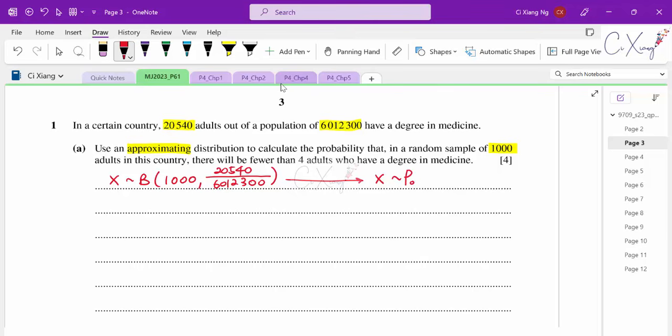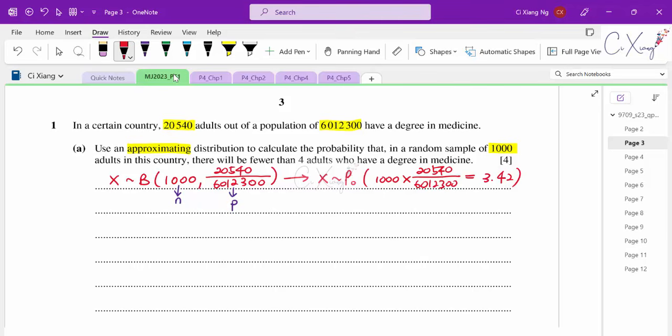Okay, so how to change it become Poisson? To get a lambda, I have to take n multiplied with p. So this is the n in the binomial distribution, and this is the p. To get the lambda, or the mean for the Poisson distribution, it will be n multiplied with p. So if I take n multiplied with p, I will get the lambda, which equals 3.42, correct to 3 significant figures.